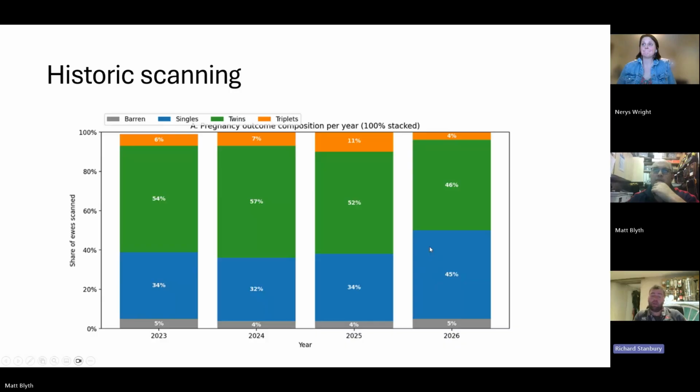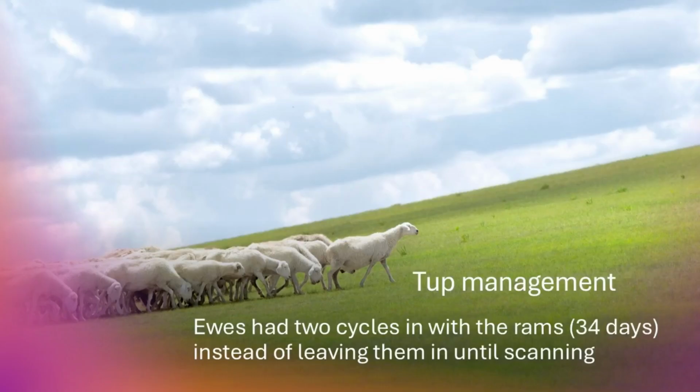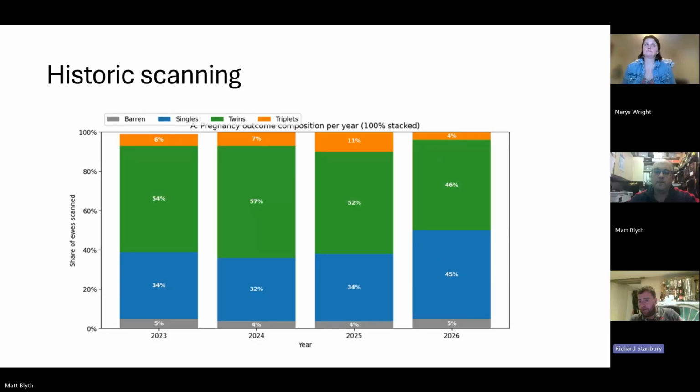Yeah, no. To be fair, like the barren is nice. Obviously could always be lower, but because it was such a short period, we only put the rams in for 2 cycles, wasn't it? And previously we used to run on rams, so there'd be ones that had lamb later last year that would have been knocked out in that barren rate, probably just because they lamb late last year.